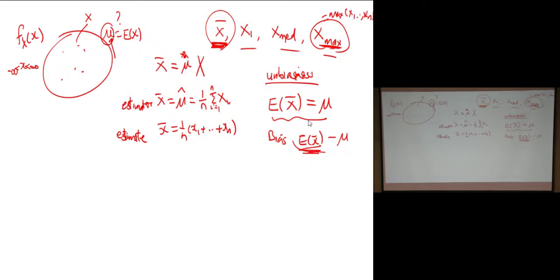Otherwise, the difference between these two is called bias. So an estimator is considered good if its expectation equals what it is supposed to estimate, in the sense that it's unbiased. But there is another approach to estimation, called interval estimator.